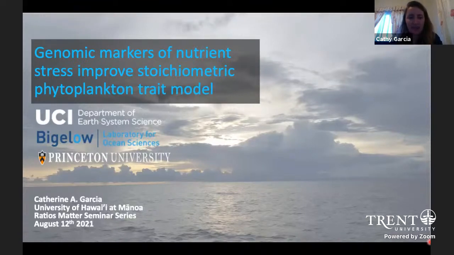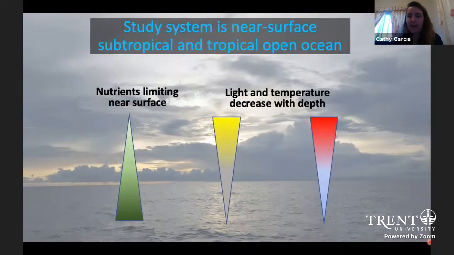All right. So again, my study system is going to be the near surface, subtropical, and tropical open ocean. This will be the latitudes maybe about 30 north to 30 south. In this area, when we're talking about the typical environmental factors that limit phytoplankton growth, nutrients, light, and temperature, we're not really thinking about light limitation here.